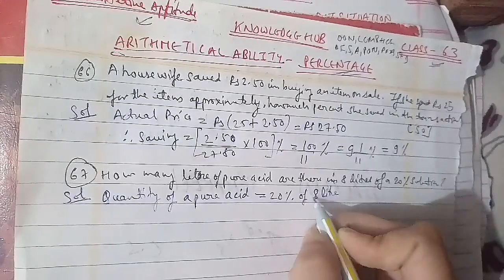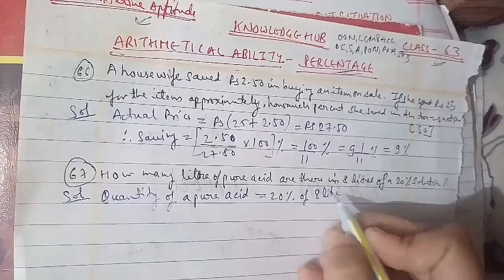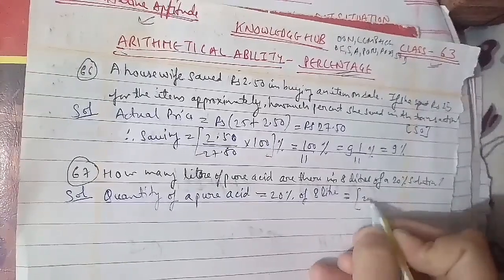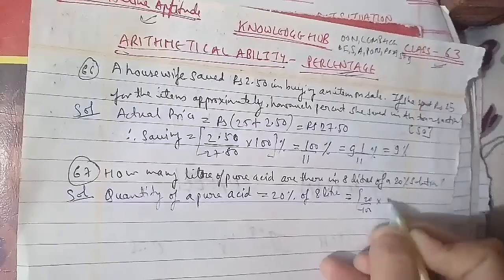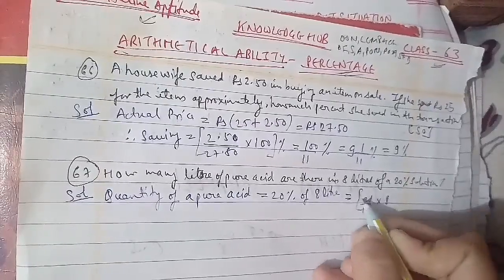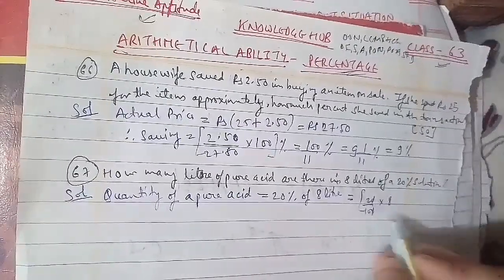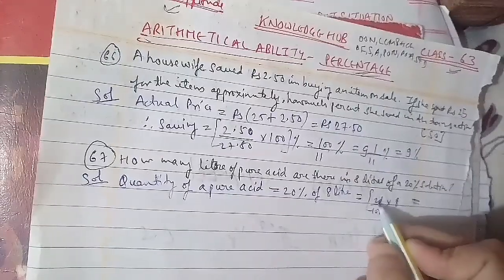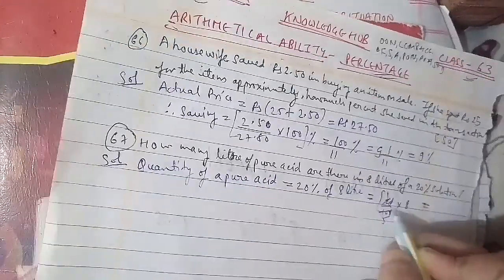Or we can say 2 8s are 16, and we put the decimal here, so it will be 1.6 liters. That will be the right answer for this question.